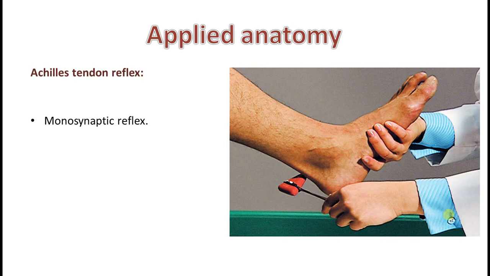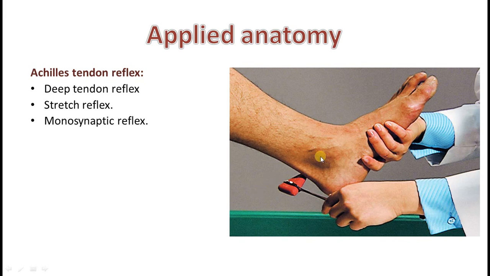Finally, applied anatomy: the Achilles tendon reflex. With the help of a hammer, which we call a knee hammer, we test the deep tendon reflex. It is a stretch reflex and a monosynaptic reflex, which means an afferent neuron and an efferent neuron are involved, with no interneurons. It is not a polysynaptic reflex.